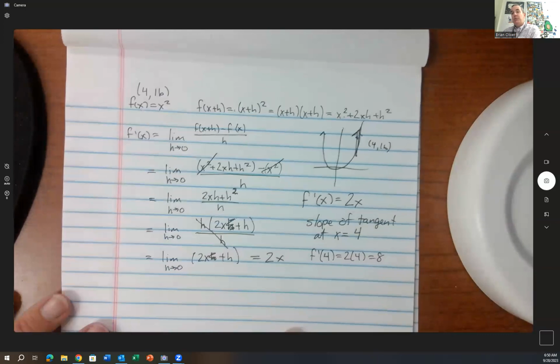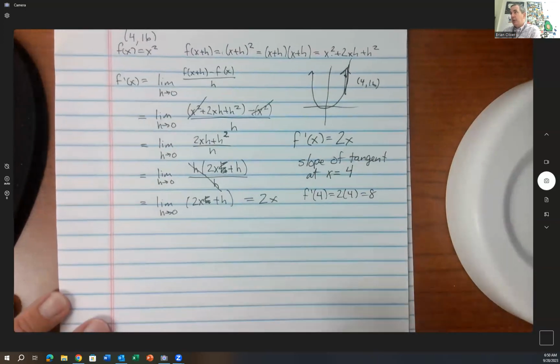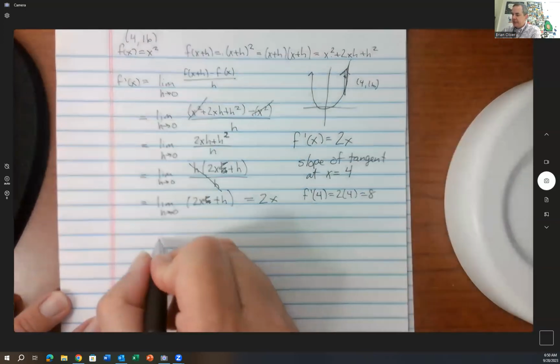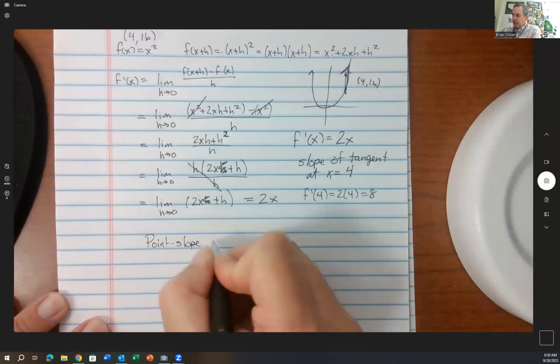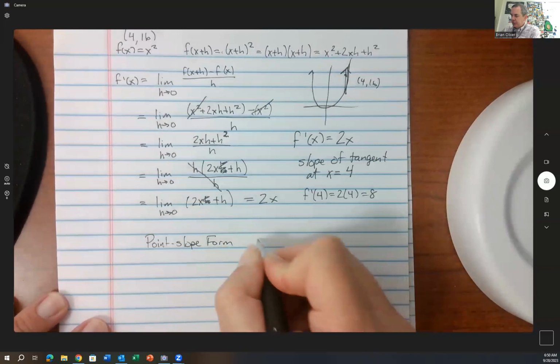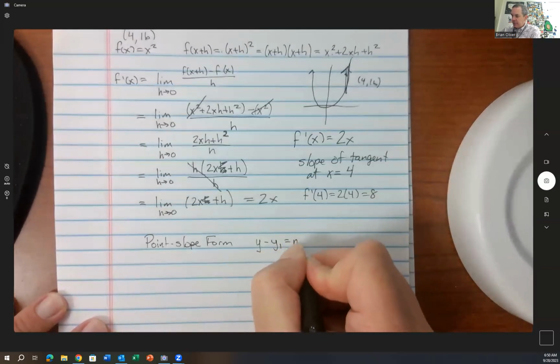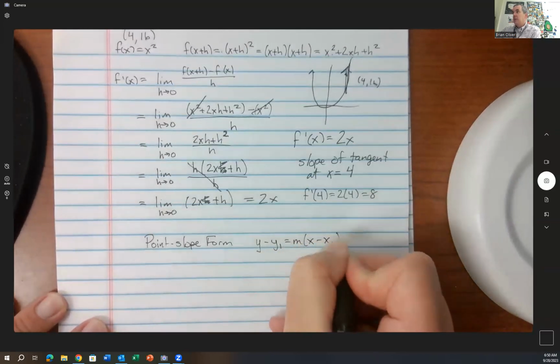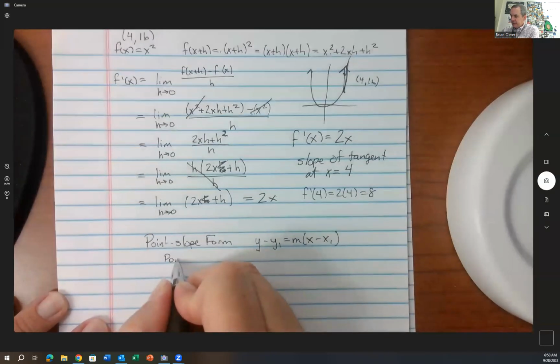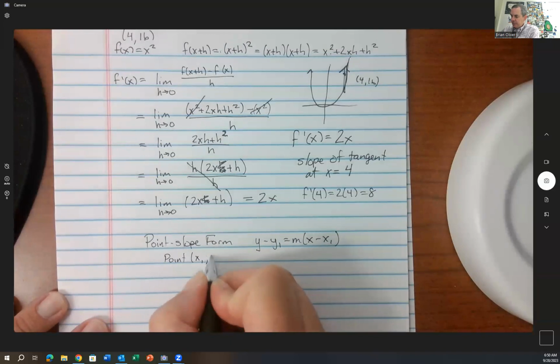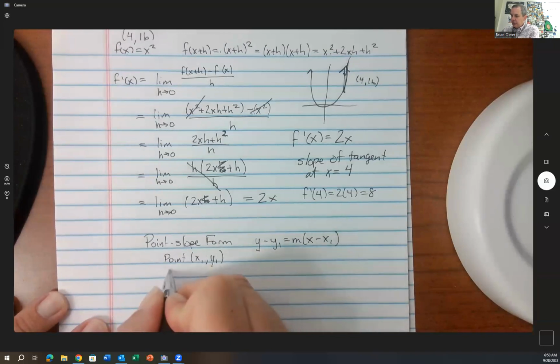Okay. And I can actually write the equation of that tangent line. The way I can write it is I use something called point slope form. What point slope form says is y minus y1 equals m times x minus x1. I need a point. The point would be x1 comma y1. The slope I'm going to determine using the derivative.